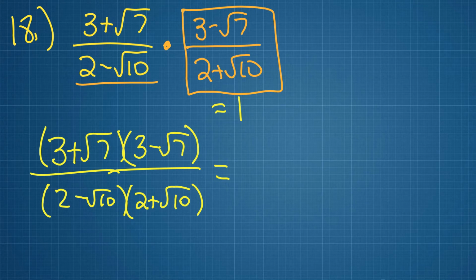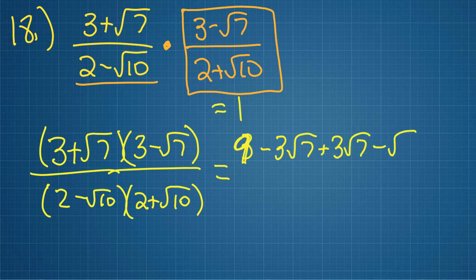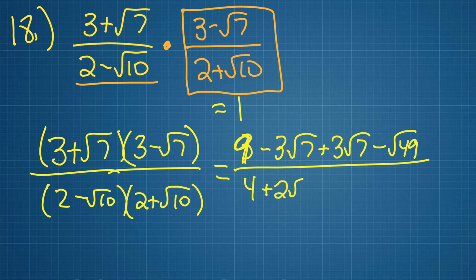I FOIL the top, I get 3 squared, which is 9, minus 3 radical 7, plus 3 radical 7, minus radical 49. I do the bottom. I get 4 plus 2 radical 10 minus 2 radical 10 minus square root of 100.